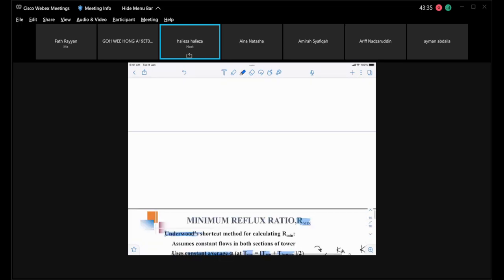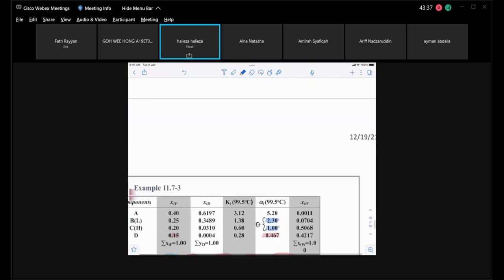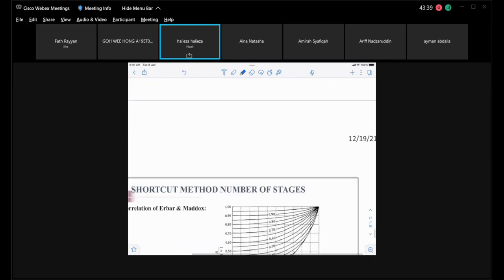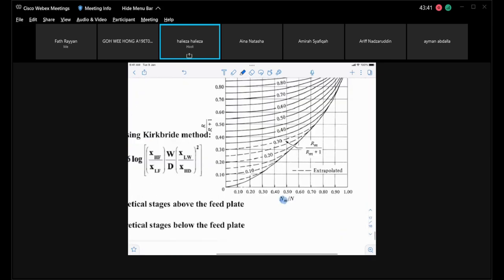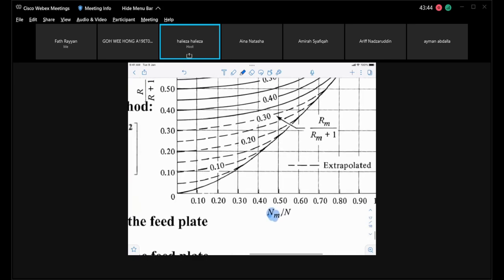You're going to substitute it in the graph and calculate your x-axis. But you cannot calculate your x-axis, sorry guys, because that value N is your actual theoretical stages. You don't have that yet. That is what you need to find, the actual number of stages. So you're going to get it from the graph.